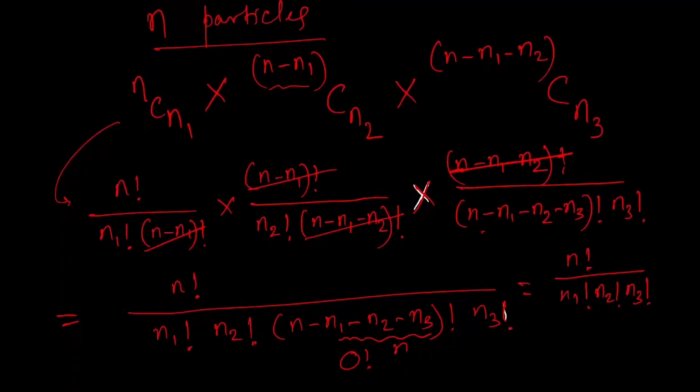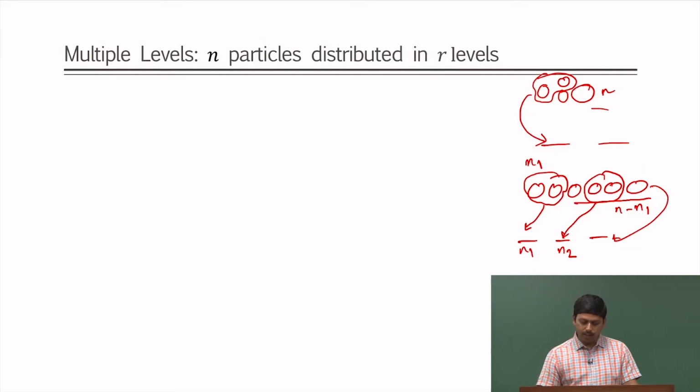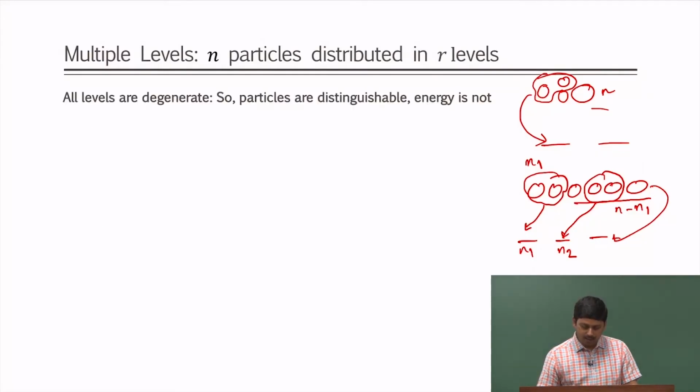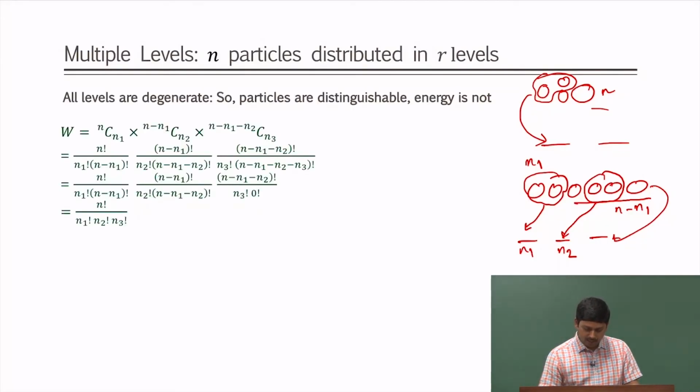So earlier, remember what was the situation? It was n! by n1! and n2!, and now we get n1! n2! n3!. So this is called multinomial distribution. Instead of binomial, it is multinomial. So it is exactly here, as you can see, we arrive at this particular situation where it is n! by n1! n2! n3!.